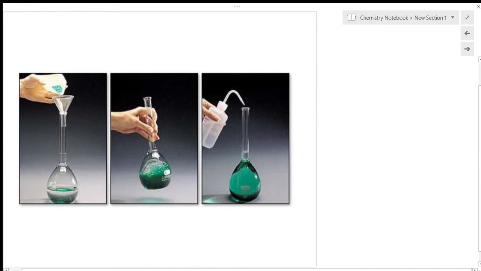You swirl to dissolve, and then what's really nice about this is, sometimes I like to do this, I usually use a wash bottle. You can take the lid off and start adding water, but once water starts to go up the neck right here, it's really nice to use a wash bottle where you can be really precise and control how much water you add so you don't overshoot the meniscus, so you go over that 1 liter mark.